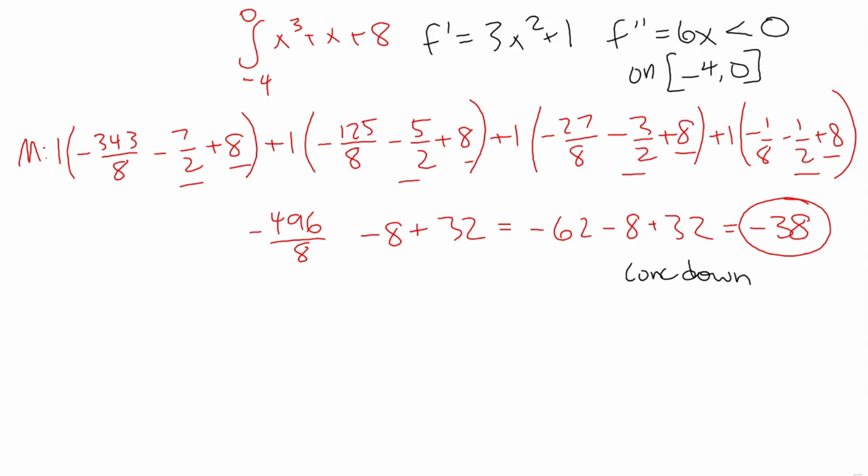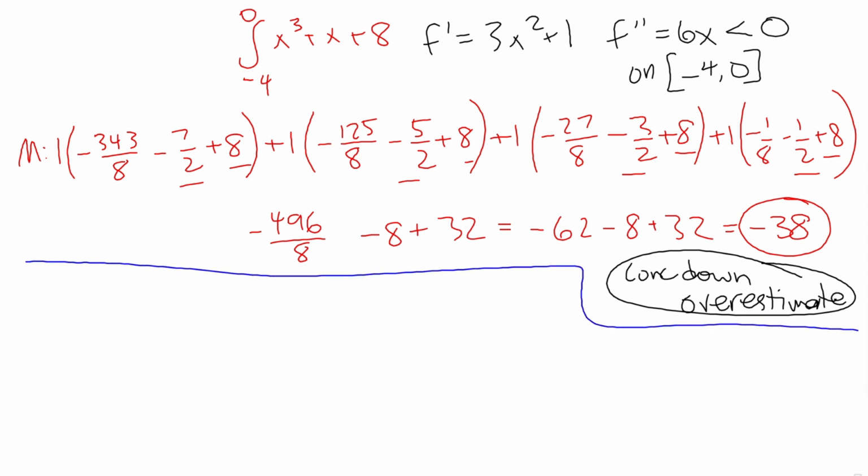And when a function is concave down, the midpoint approximation is going to be an overestimate. And that'll be the opposite for our trapezoidal one, which we're about to do.